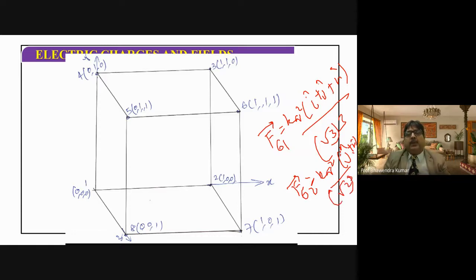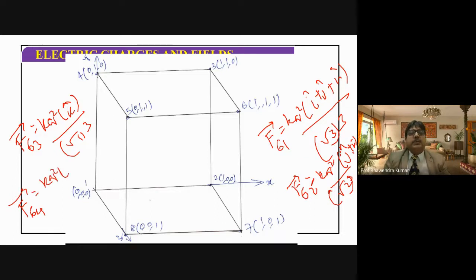Okay. What will be F63? Excellent. Divided by root of 1Q. What will be F64? KQ square into, very good, divided by root 2.